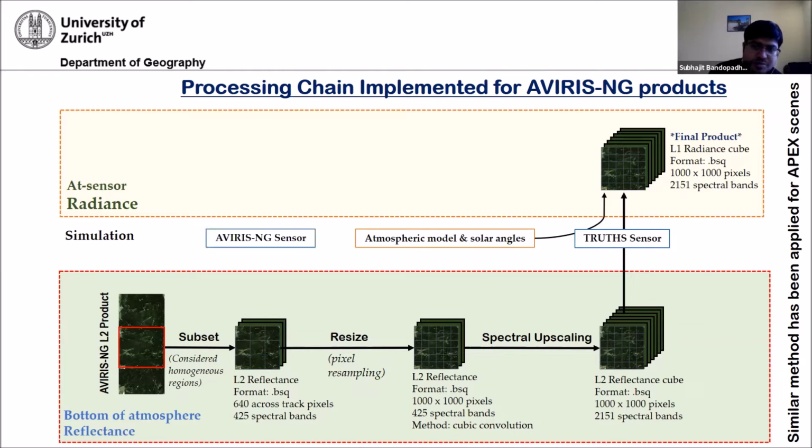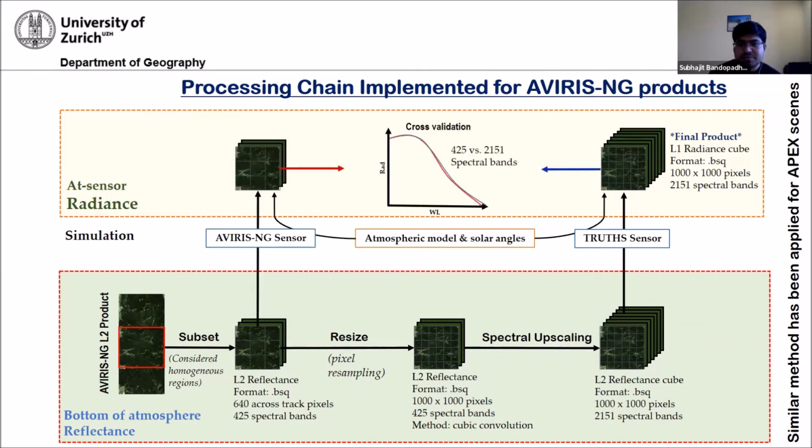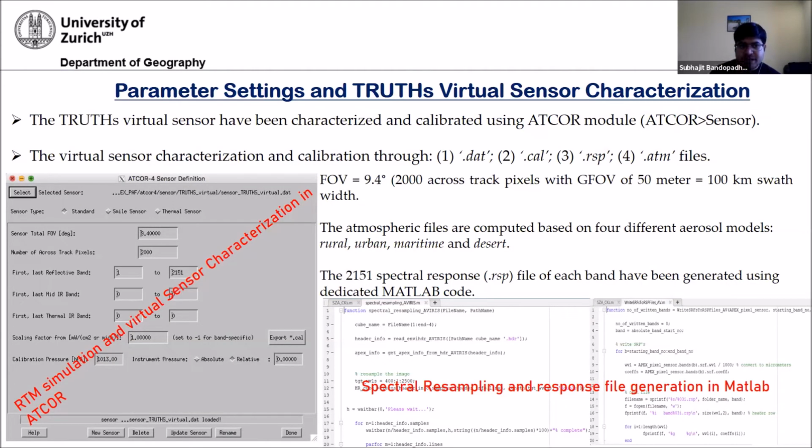Now, with the final product, we have also verified its accuracy. On the other hand, from the reflectance dataset directly from the AVIRIS NG sensor, we plotted the radiances obtained from there, and also the calibrated radiances obtained from the final product. We cross-validated them, mostly done in ATCOR.